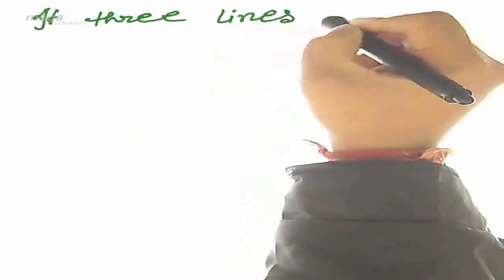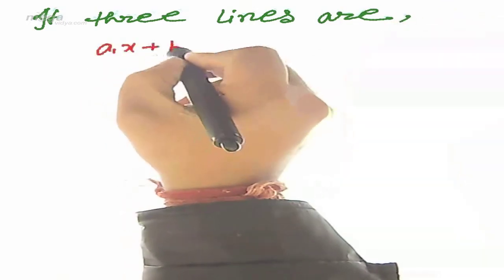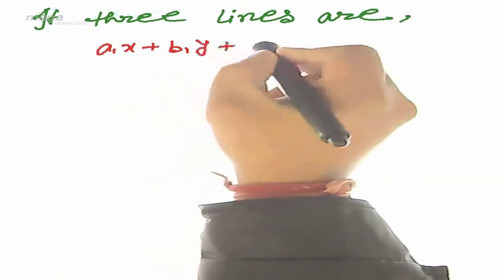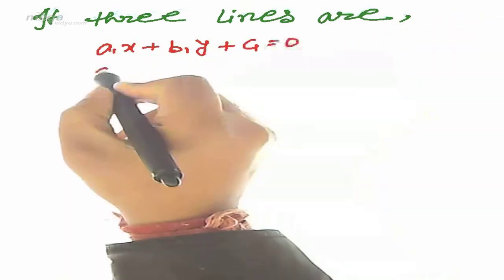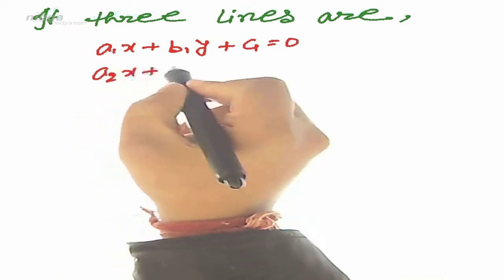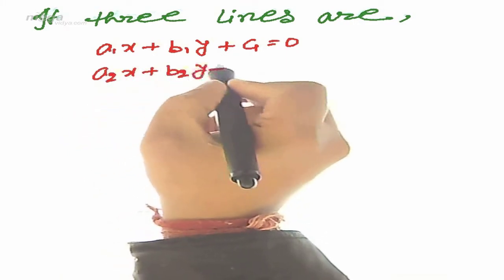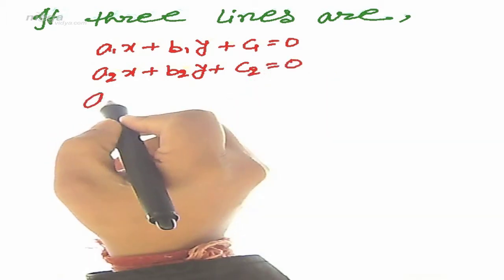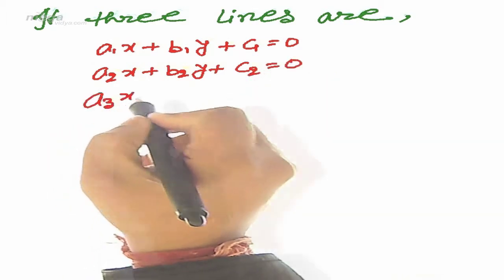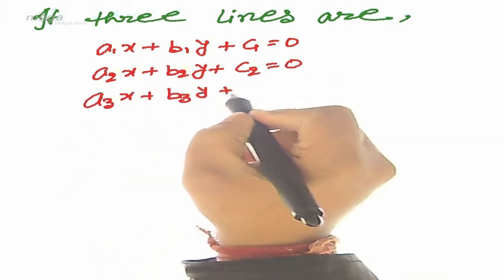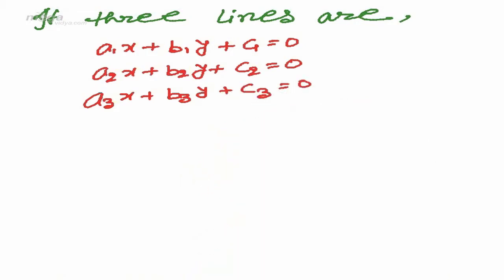So if three lines are a1x + b1y + c1 = 0, the second line is a2x + b2y + c2 = 0, and the third line is a3x + b3y + c3 = 0, then the three lines may be concurrent, maybe not, but two lines are always concurrent if they are not parallel.